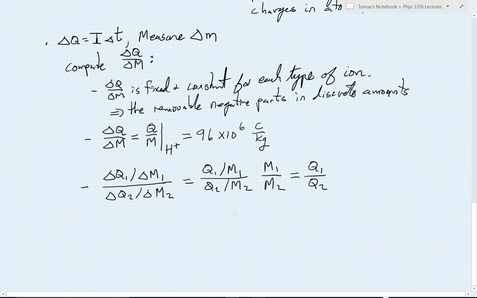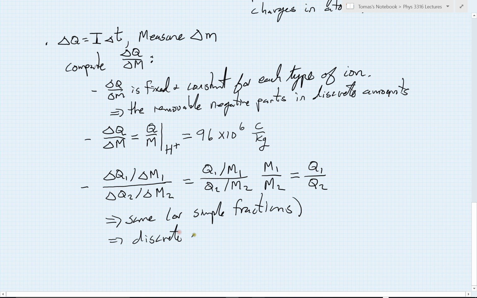And it turns out that this always seems to be the same. Again, I'm oversimplifying. You can have doubly charged ions, so it can also come in simple fractions of each other. But the fact that these come out to be the same, or simple fractions, indicates very strongly that this discrete charge unit is universal, meaning that it is the same for all different atoms.